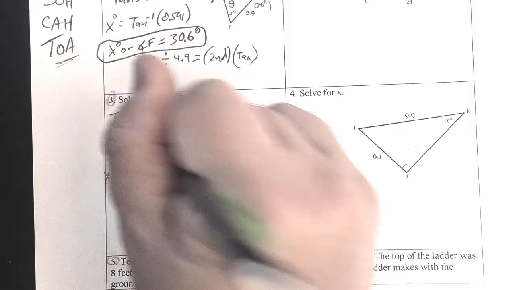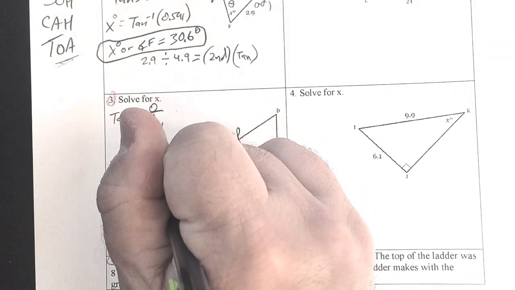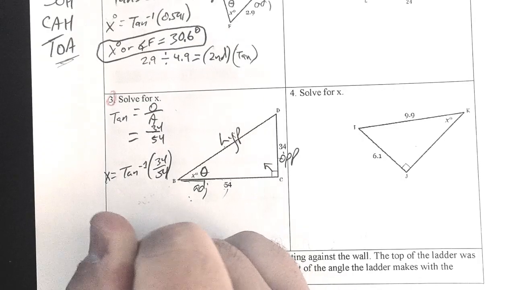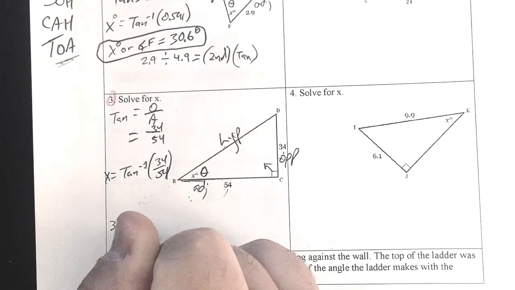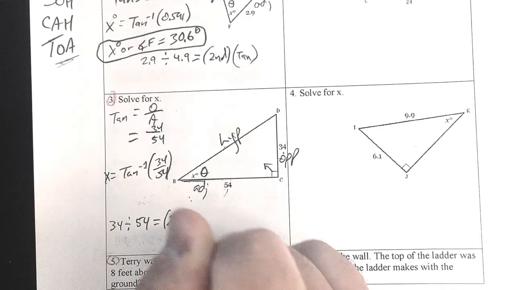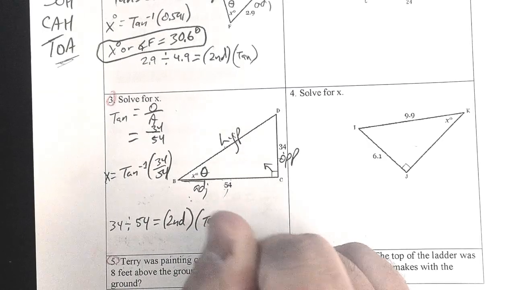34 over 54, and then on the calculator it's 34 divided by 54 equals, then the second key, and then the tan key.